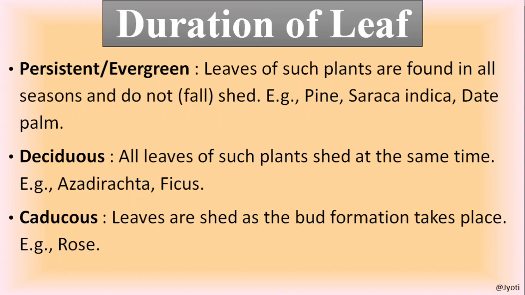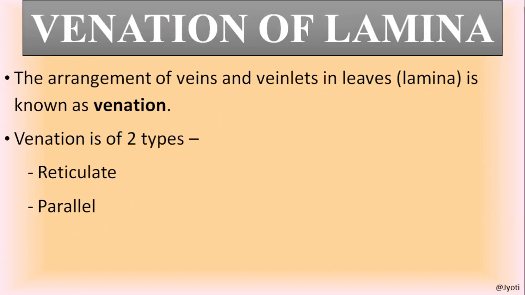So in these type of plants, the leaves are shed as the bud formation takes place. So as the terminal bud or the axillary bud starts developing, as soon as they start developing, the leaf sheds off. Okay. So these are the types of leaves depending upon the duration up to which they remain or persist.